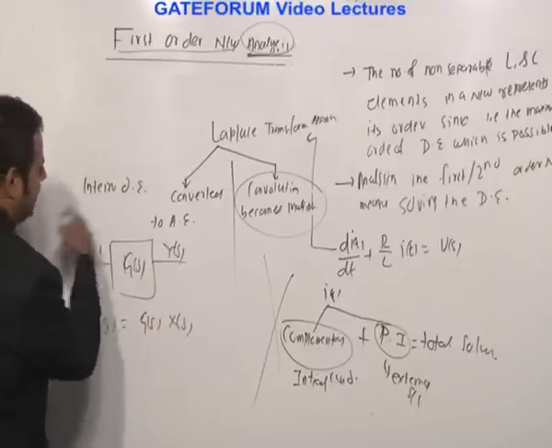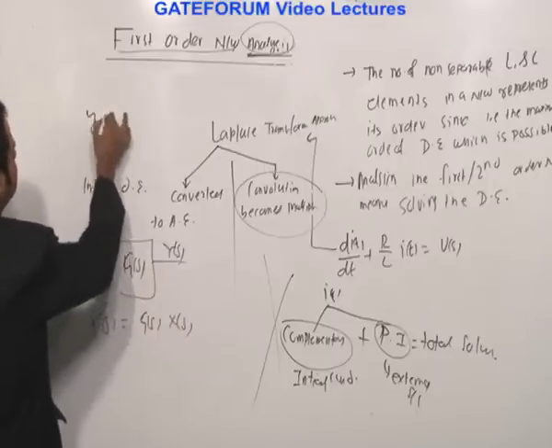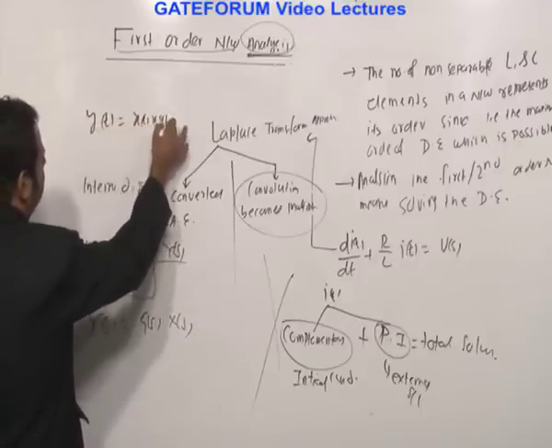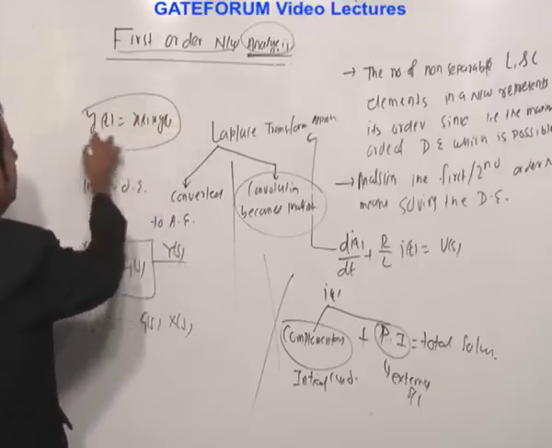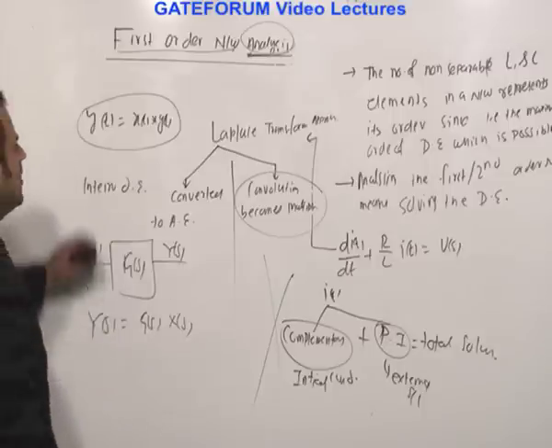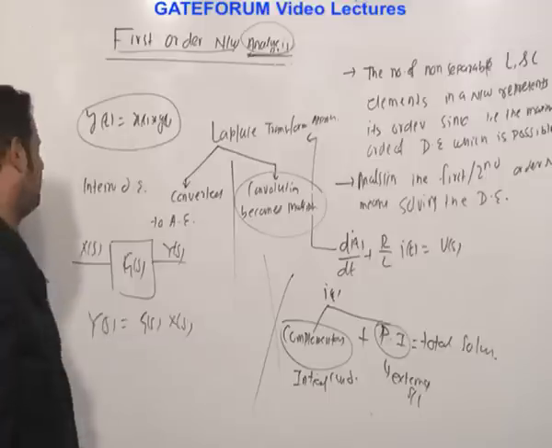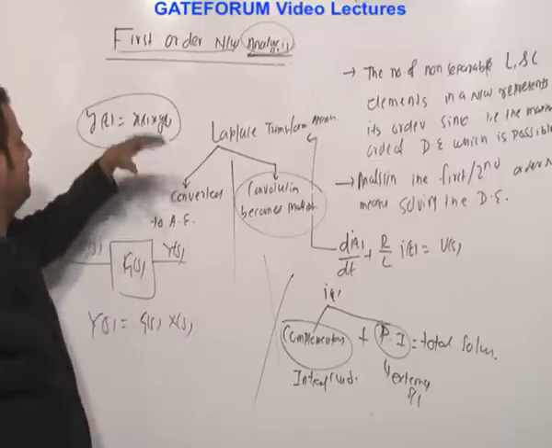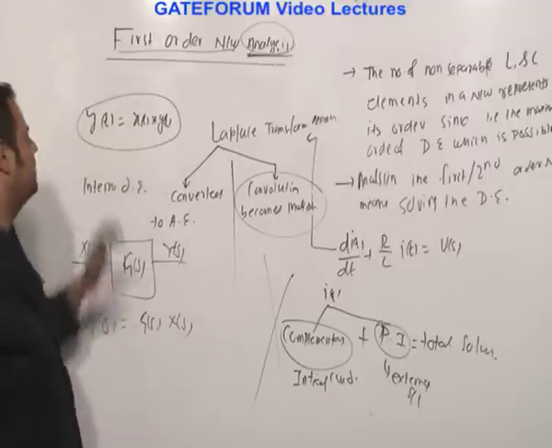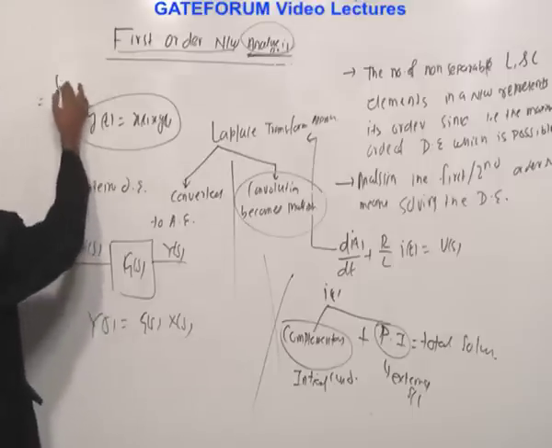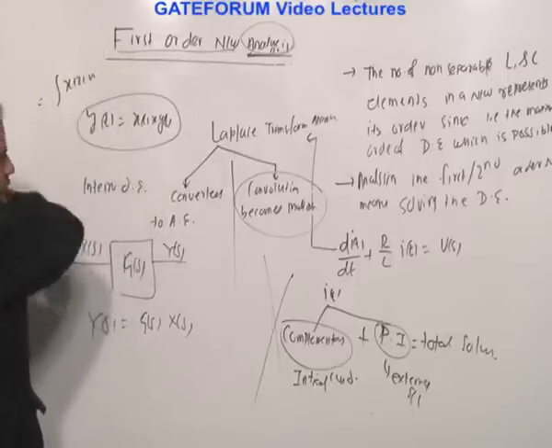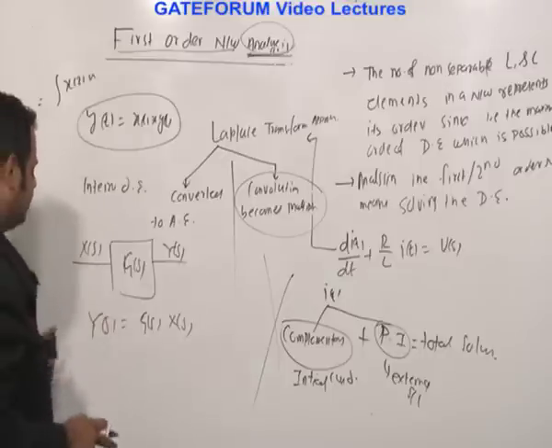But how is it happening? If I assume it is an LTI system, the actual equation should be y of t equals x of t convolved with g of t. But evaluating the convolution is a very time consuming process, and complicated as well if the signals are complicated, because I have to deal with integrations. The convolution integral is given as x of tau h of t minus tau d tau, and finding the range and integrating is really complicated.